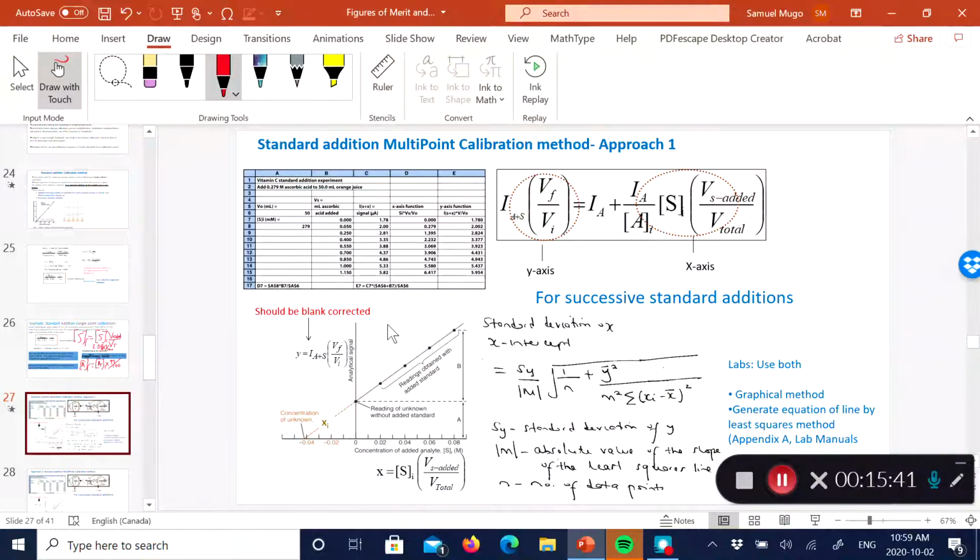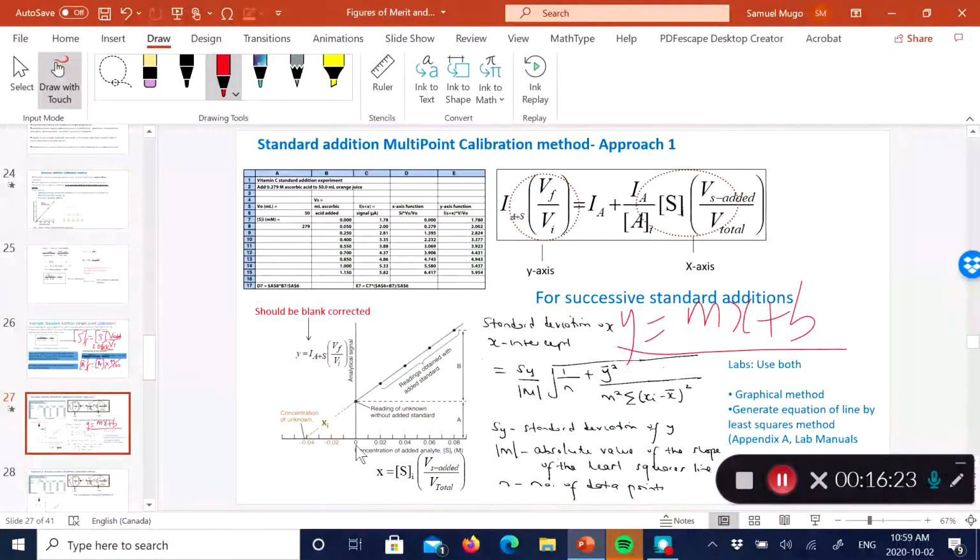If you spike something, you can calculate its concentration just based on the simple dilution formula, C1V1 equals C2V2, and so you can generate the concentration for each of the standards that you've prepared, and then the corresponding signal is plotted in the y-axis, whereas the standards are plotted in the x-axis. And then you would do the equation of the line, y equals mx plus b, which you can easily get from your Excel spreadsheet to create the linear regression.